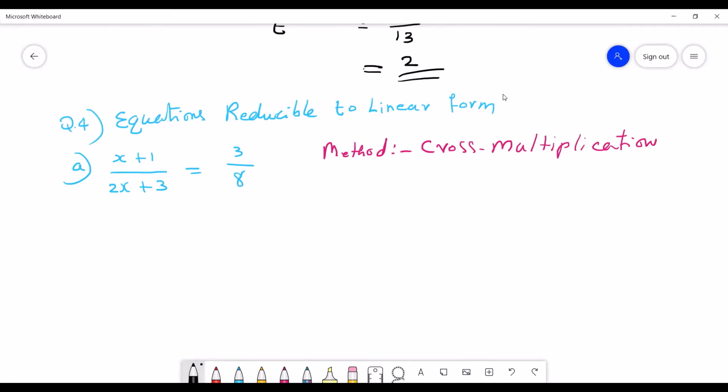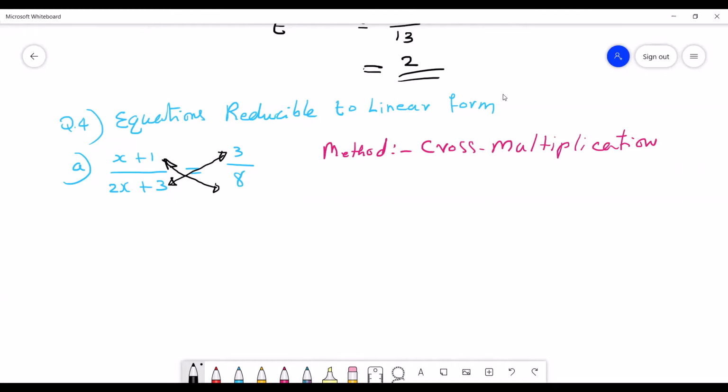How to do the cross multiplication? We will multiply x plus 1 into 8. Then 3 and 2x plus 3 we will multiply. So let us do that.